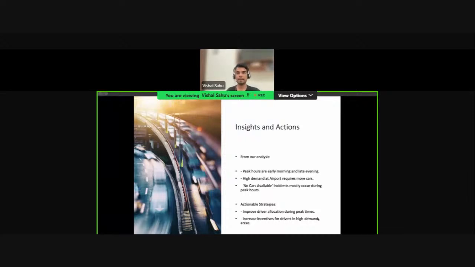Okay, so in the afternoon, when you see there are lesser demands, why do we have to have more riders? Why do we need 100 riders when we are only getting 45 rides? We can shift that allocation more towards the peak hours.